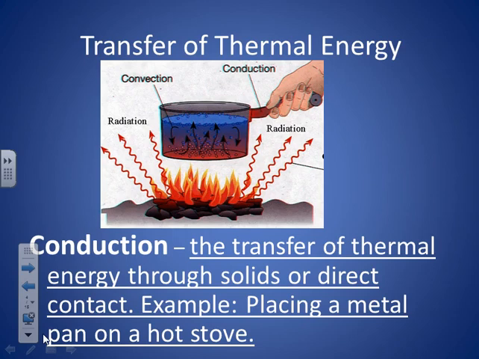So when your hand makes direct contact with a hot surface, that would be an example of conduction. When you place a metal pan, which is already a good conductor of heat, onto a hot stove, that pan is making direct contact.